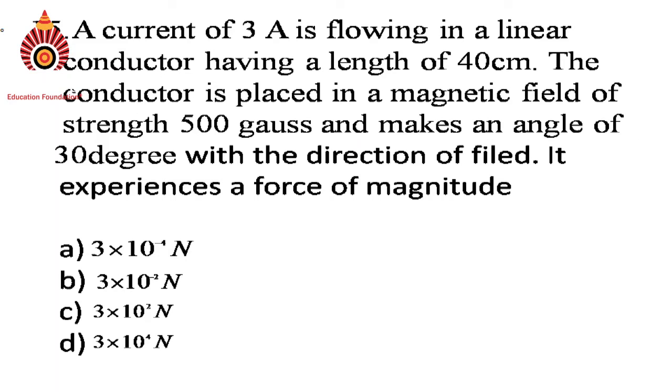A current of 3 ampere is flowing in a linear conductor having a length of 40 centimeter. The conductor is placed in a magnetic field of strength 500 Gauss and makes an angle of 30 degrees with the direction of the field. It experiences a force of magnitude?